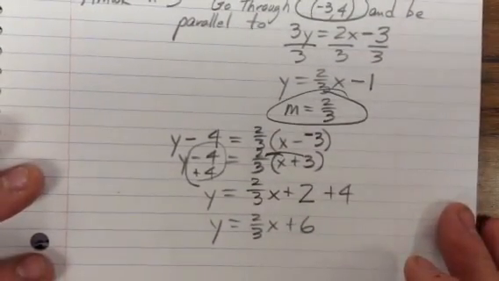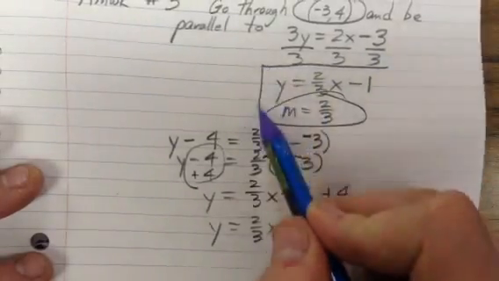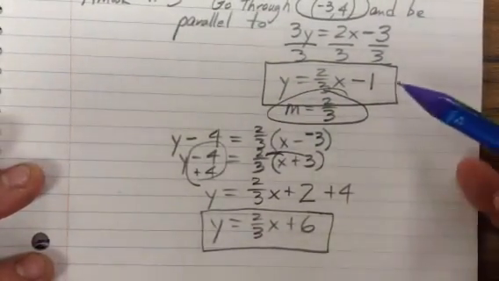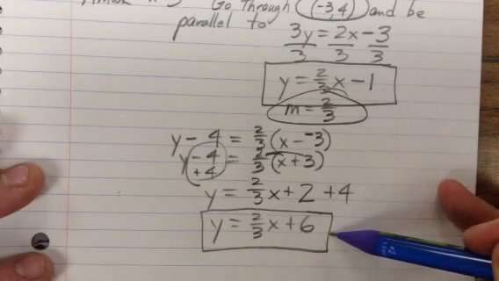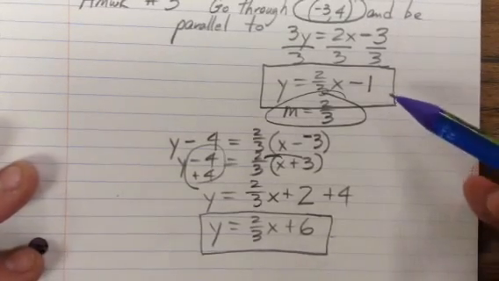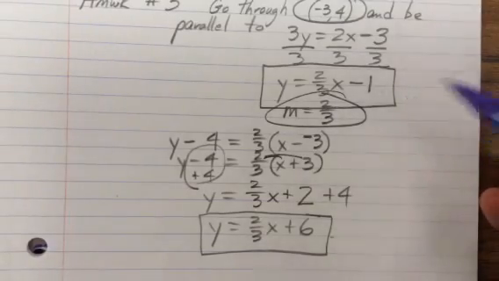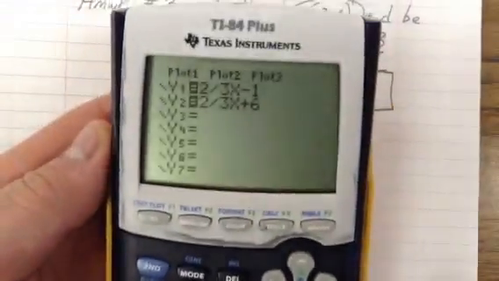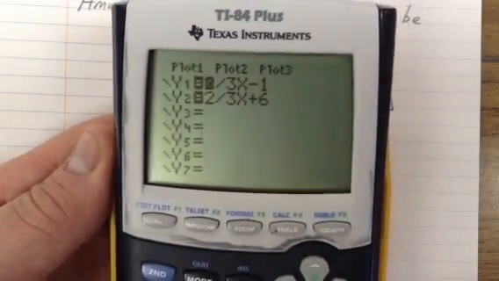Okay? So the question is, are these two, the original equation and the one that we wanted to go through the point negative 3, 4, parallel? Well, I just happen to have these loaded up and ready to go on my calculator.